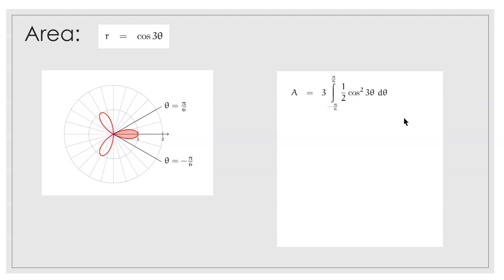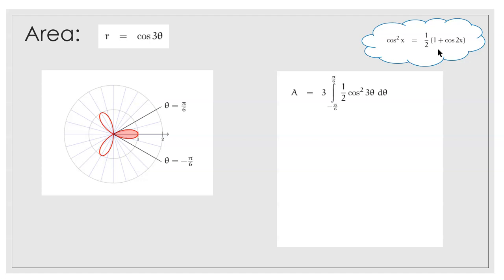There's my 1/2, my r squared, and my d theta. So to integrate, now we're just in normal integration. If we want to integrate cosine squared, we use a cosine formula to get rid of the square, the double angle formula, or the square formula. It depends on your perspective.